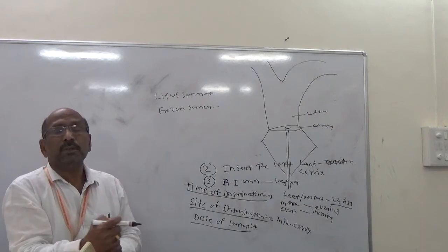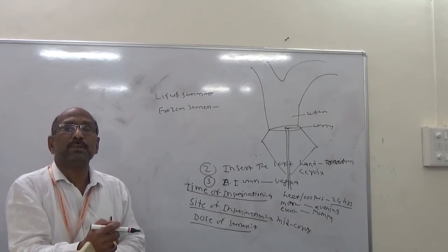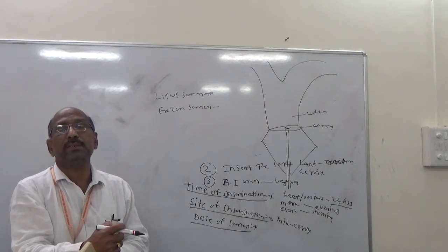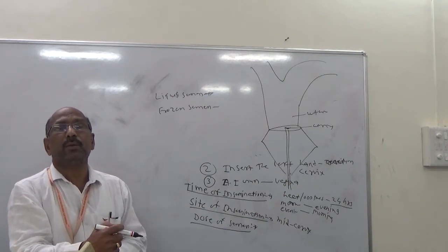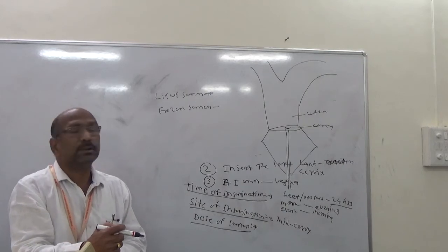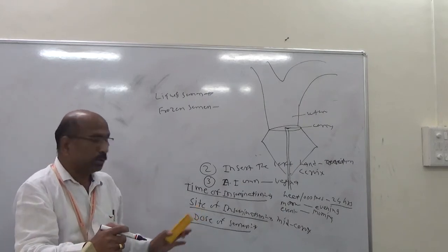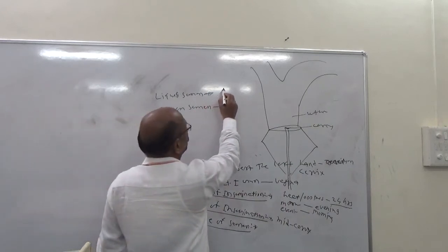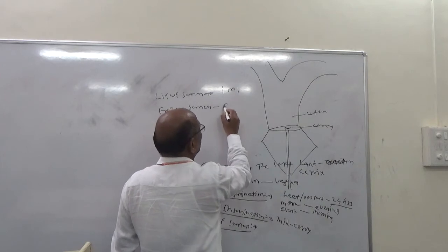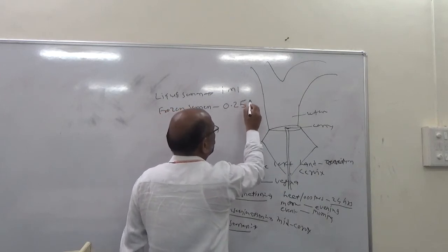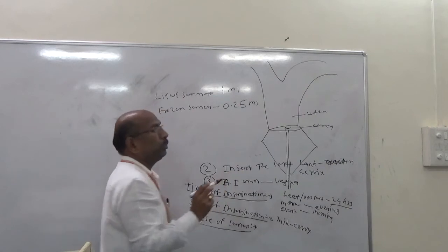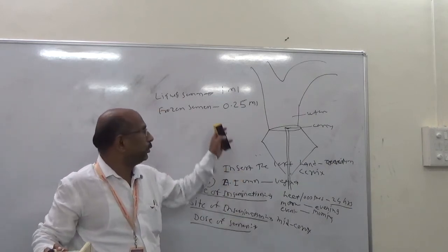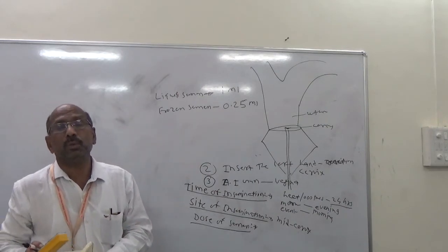Frozen semen is semen preserved at -196 degrees centigrade in liquid nitrogen. The dose of insemination is about 1 ml for liquid semen and 0.2 ml for frozen semen. Diluted semen can be used for the dose.